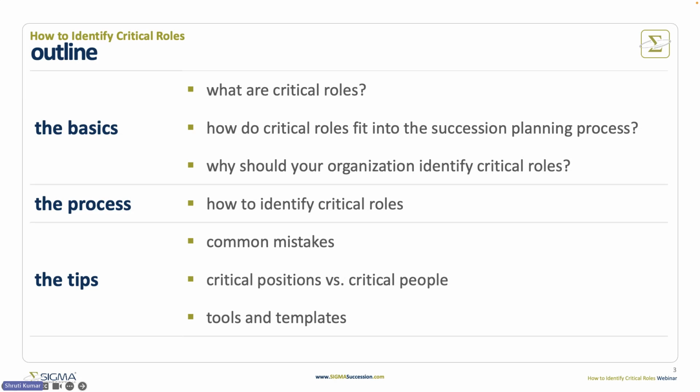I'll then give you some more details as to how to actually go about this, because although it may seem like a relatively straightforward process, there are a few different factors and challenges that you should consider. I'll also be giving you some guidelines as to how to navigate these mistakes, and we'll be having a discussion at the end about critical positions versus critical people.